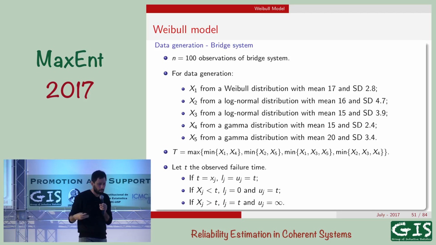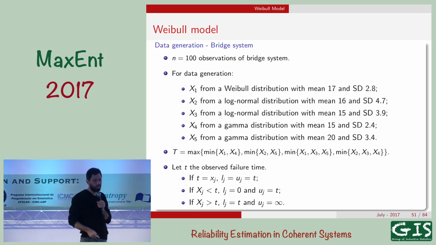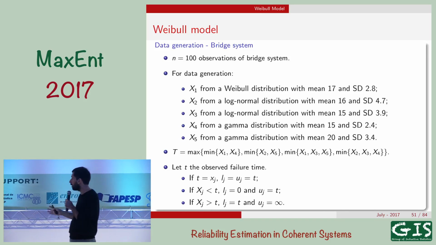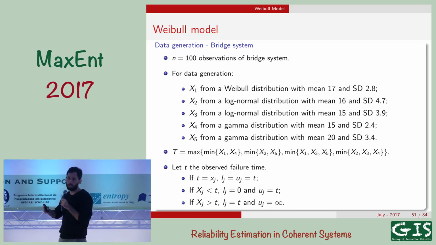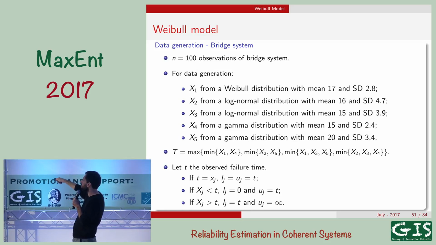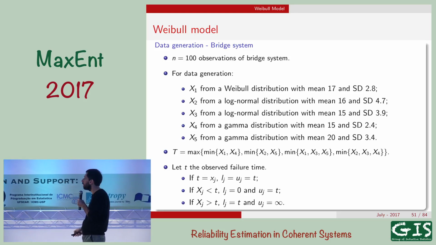Of course, some of you can say that these are not really different distributions, because all these three models are in some way very similar. But they are similar and not the same. So we just did this. And the means here are quite different, from 15 to 20, with different values for standard deviation.